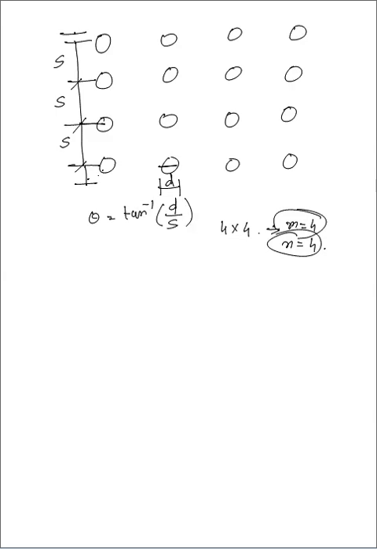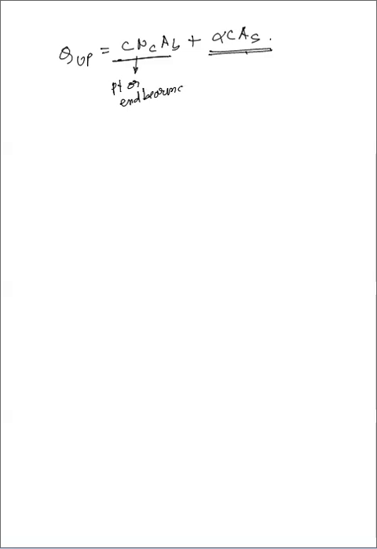Suppose, I told you the formula for QUP. Here I am writing QUP is equal to C NC AB plus alpha C AS. So this is for point or end bearing, and this is for friction, rather skin friction.